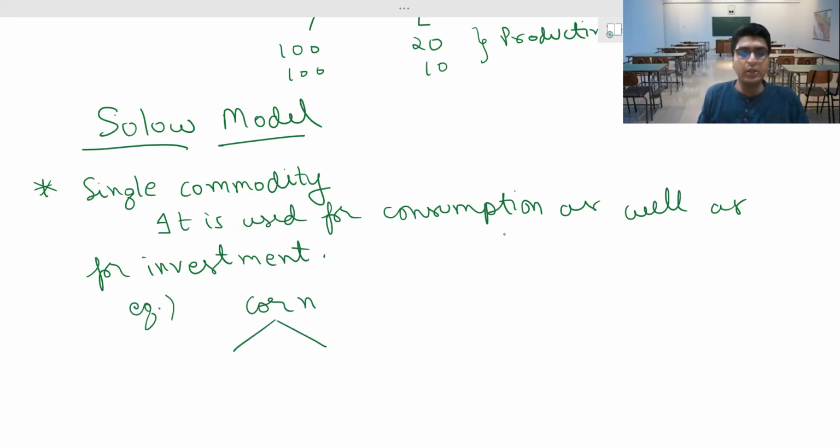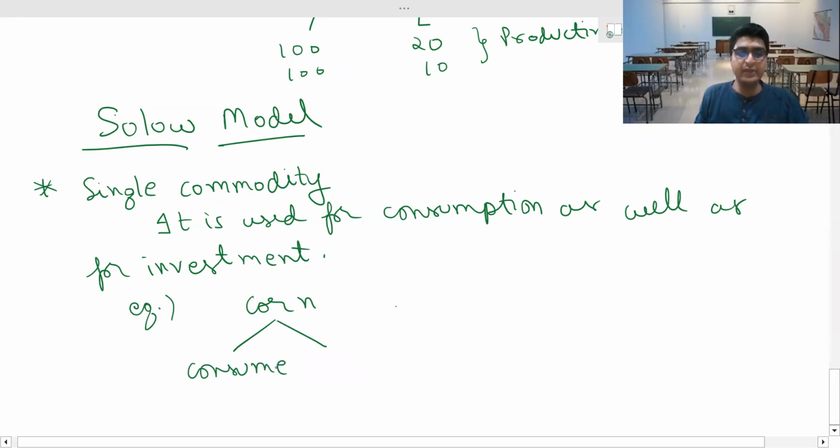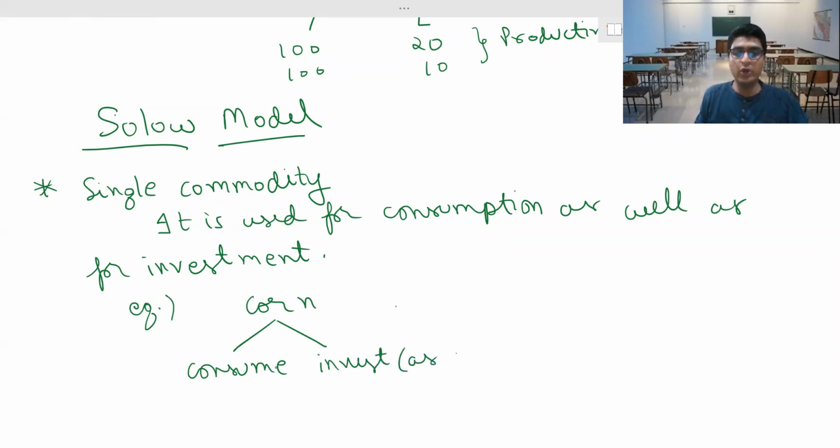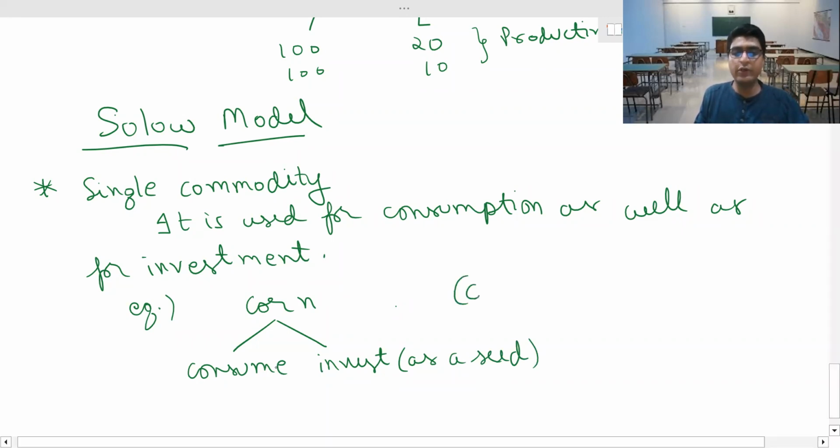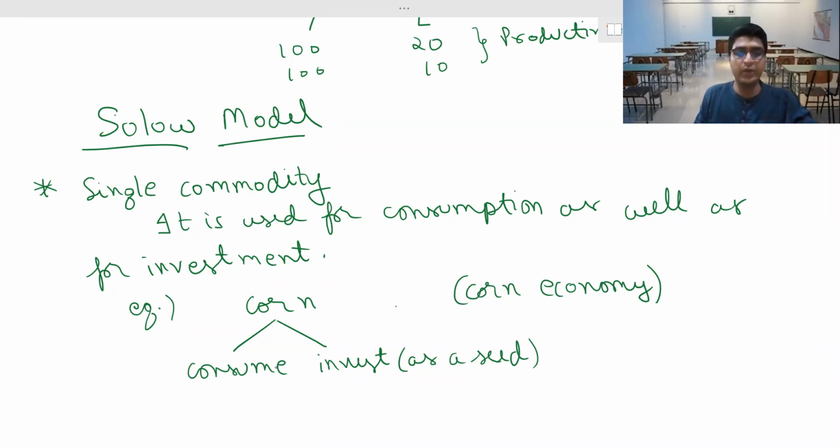Okay, you can consume corn directly, as well as you can invest it for further production. You can use that corn as a seed as well, right? So you can use that seed, plant it again, okay, and that will produce more corn. Okay, so sometimes we also call it a corn economy, where the commodity can be used for both consumption as well as for investment.